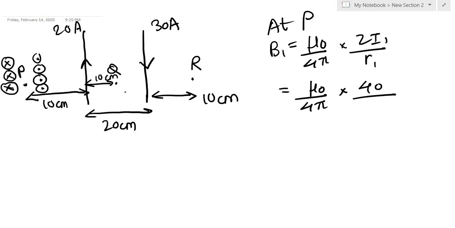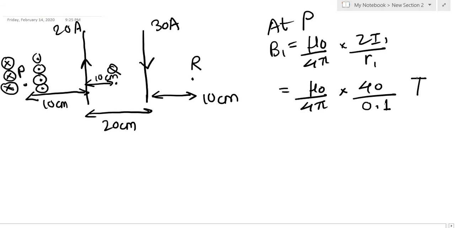And now this distance from wire to point P is 10 centimeters, which we can write in meters as 0.1.